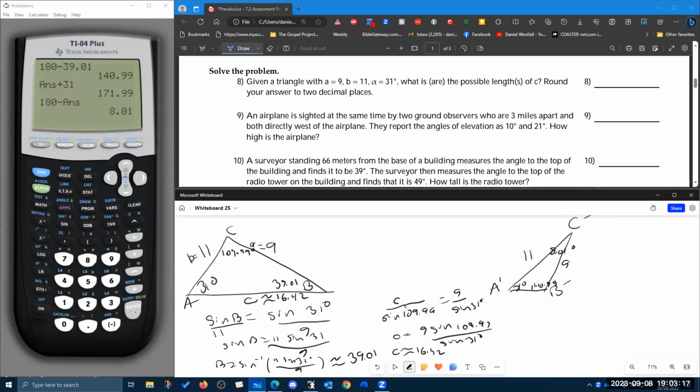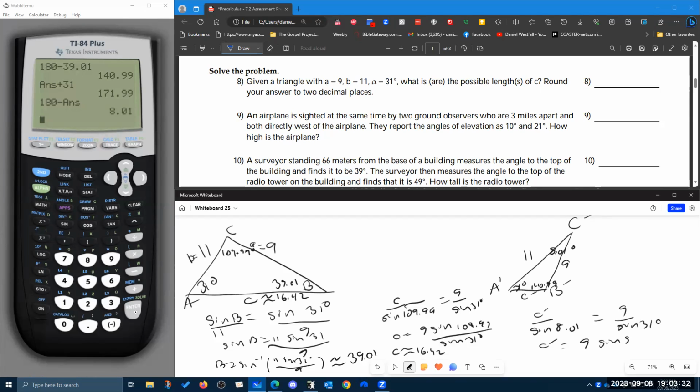So I only have to find C prime over sine of 8.01 is equal to 9 over sine of 31, which is still given.